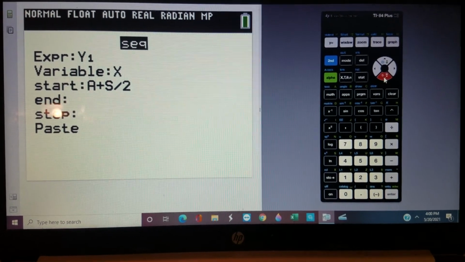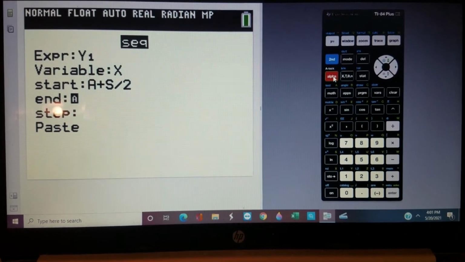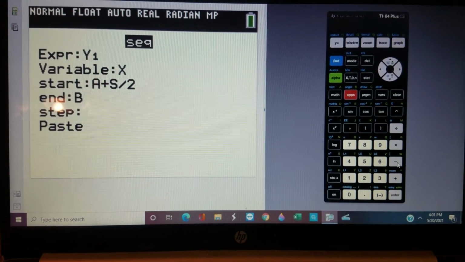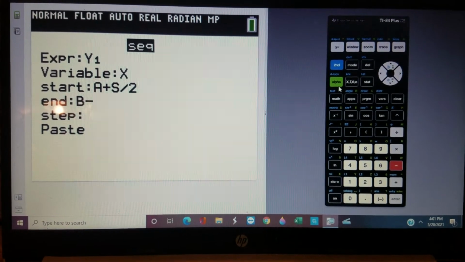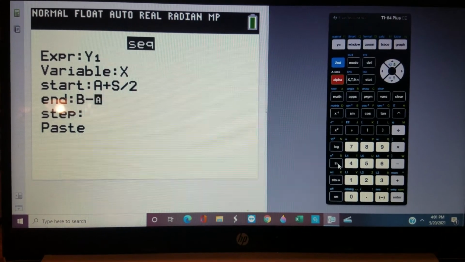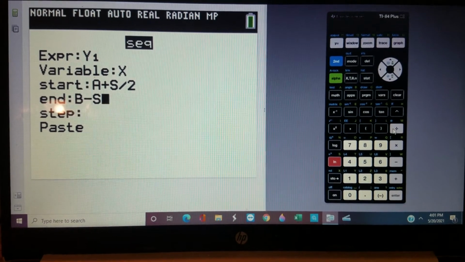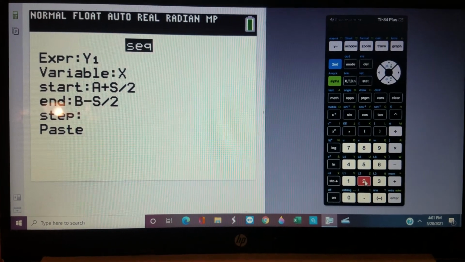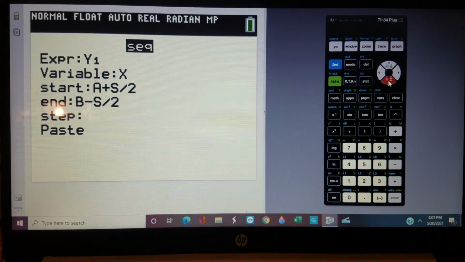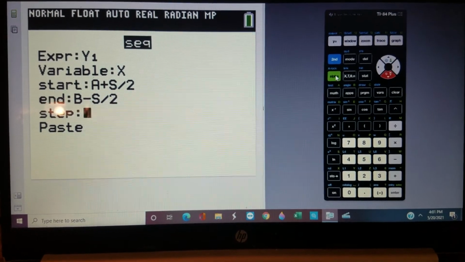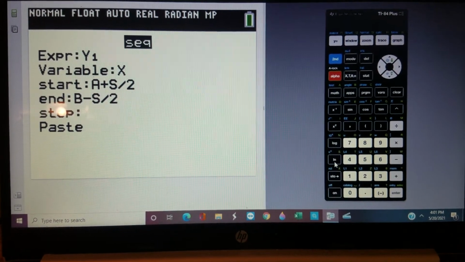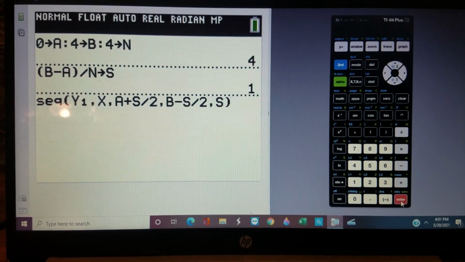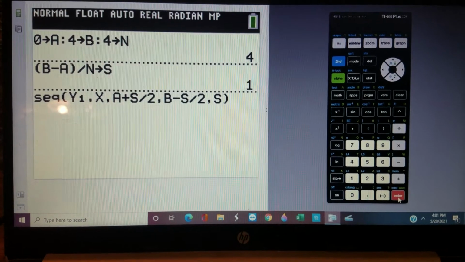My end will be my right boundary coming back half. Okay, and my step, and this is why I like the letter S. Paste. Okay, so far so good.